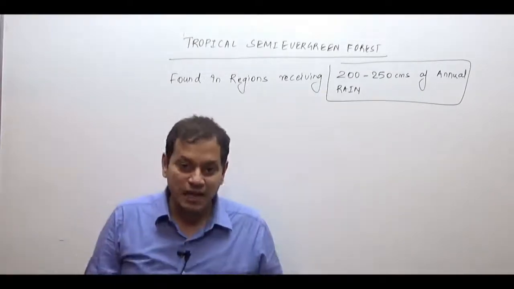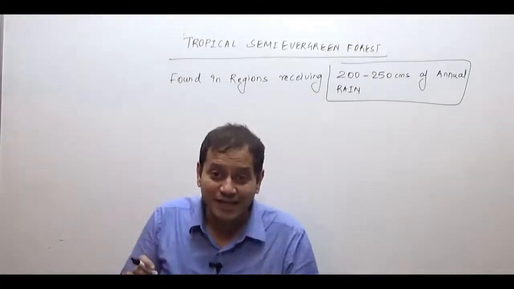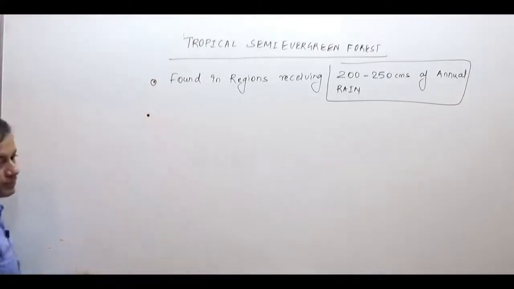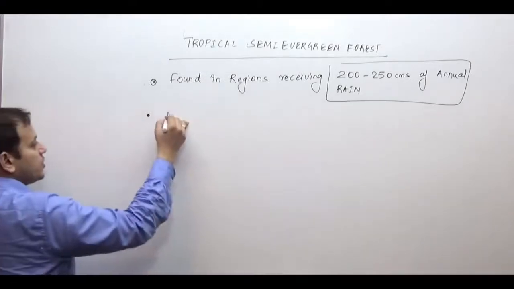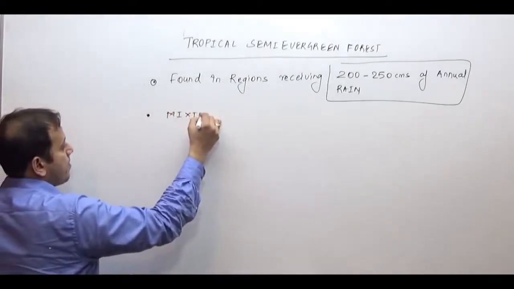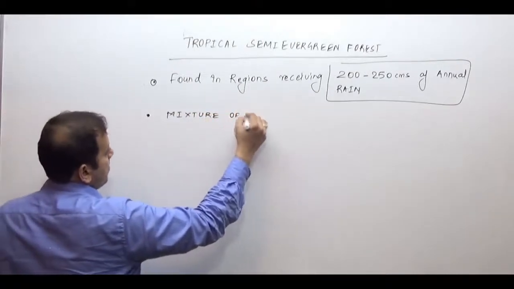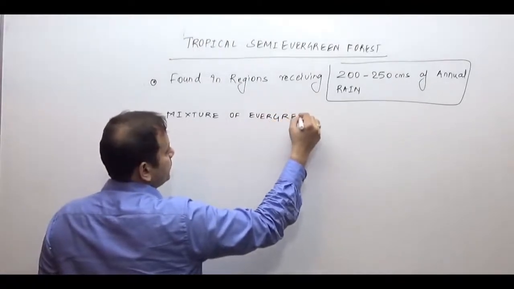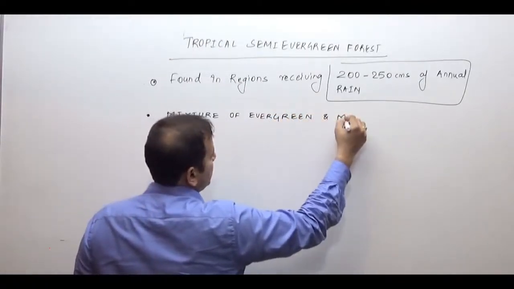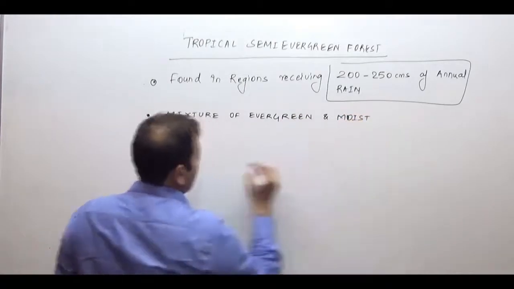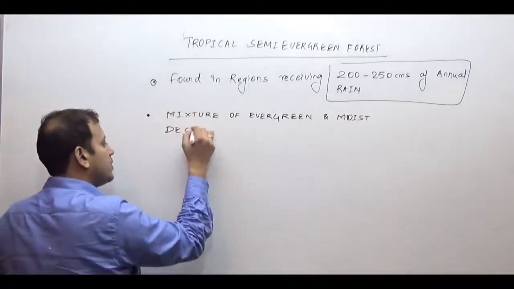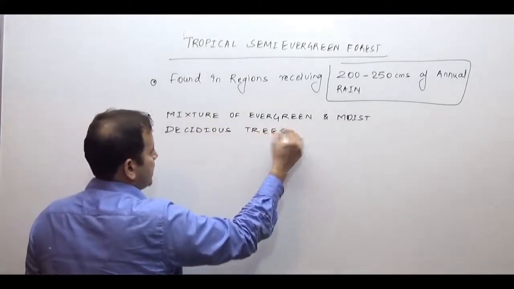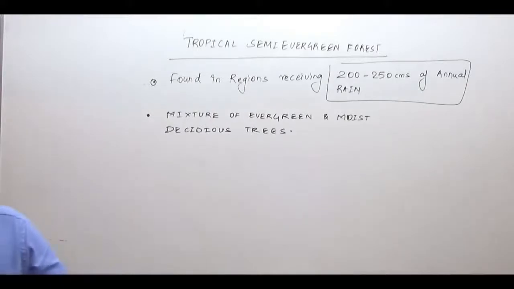Now these regions have a mixture of evergreen and moist deciduous trees.